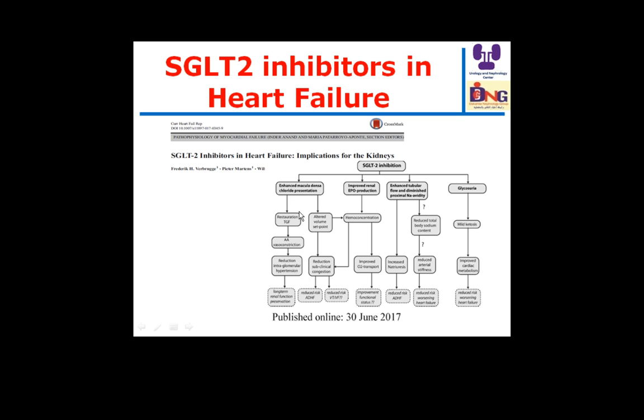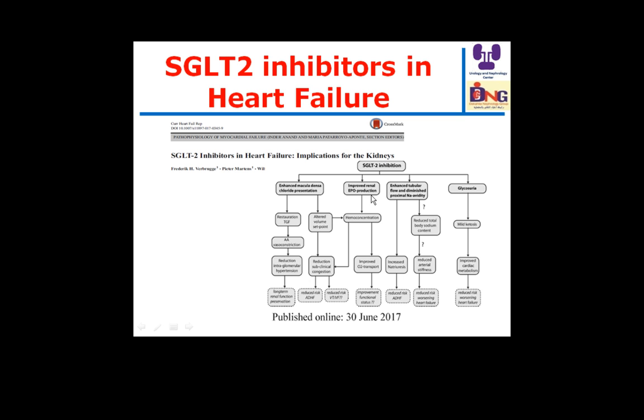This will restore tubuloglomerular feedback, lead to afferent arteriolar vasoconstriction and reduction of intraglomerular hypertension with consequent long-term renal function preservation, and altered volume set point, reduction of subclinical congestion, reduced risk of acute decompensated heart failure, reduced risk of ventricular tachycardia and ventricular fibrillation, and I will mention the issue of ventricular arrhythmia later on.